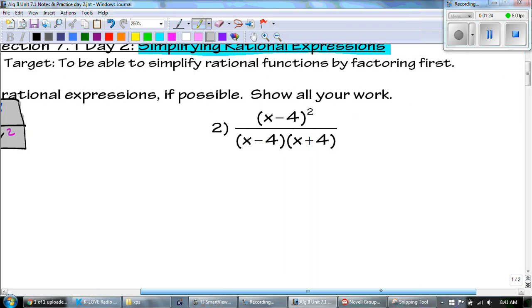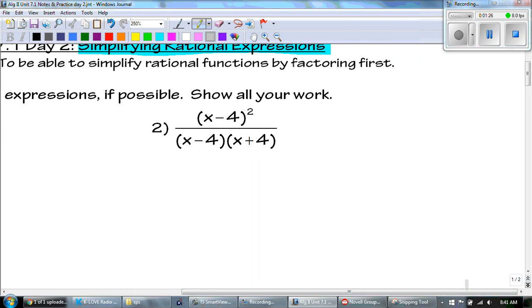Now, for number 2, we've got polynomials. And yesterday, we were looking at which ones were the same, which ones were different, but we might have to factor first, or to write it a different way. So this one is saying x minus 4 times x minus 4.